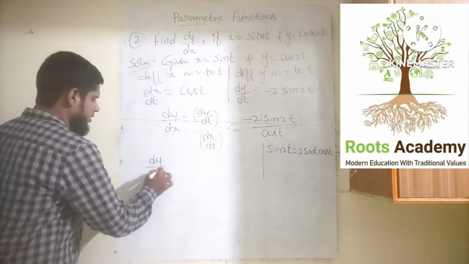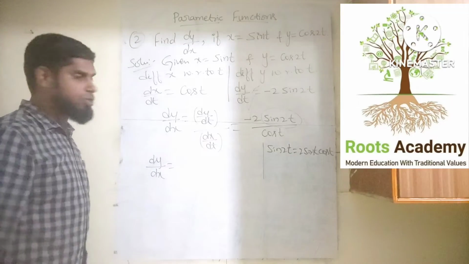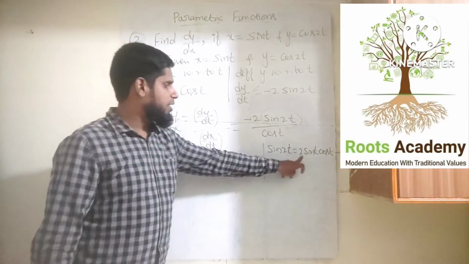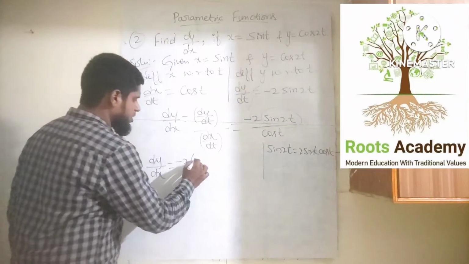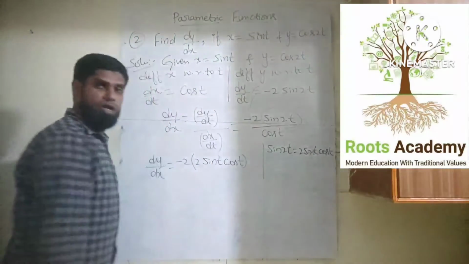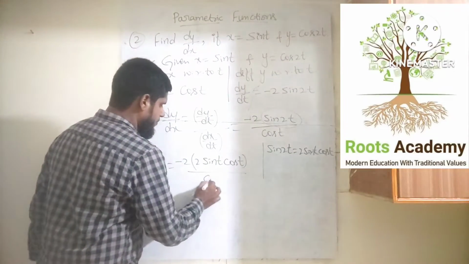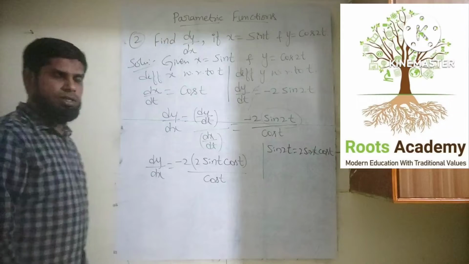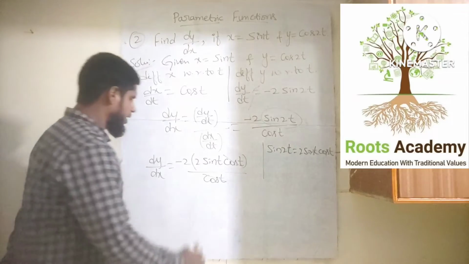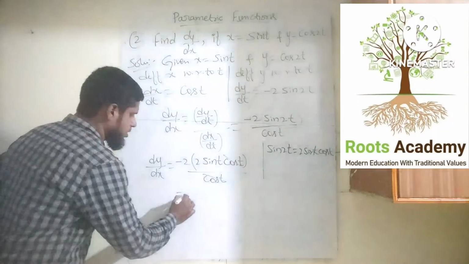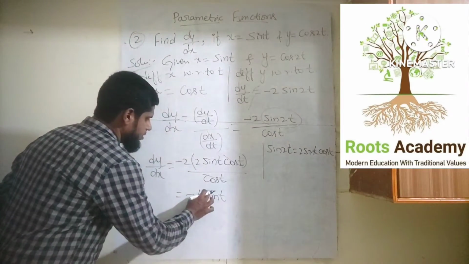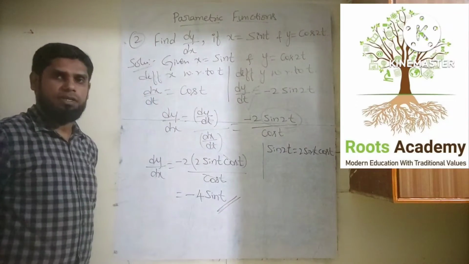So dy by dx is equal to minus 2 as it is, and for sine 2t write its formula: 2 sine t into cos t divided by cos t. Now cos t and cos t get cancelled, and at the end the final answer is minus 2 into 2, it is 4 sine t. This is the final answer.